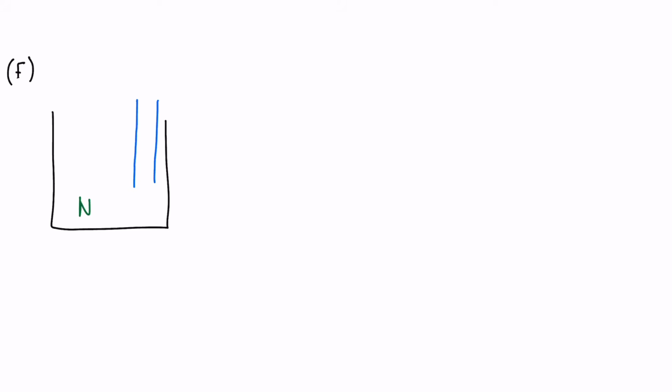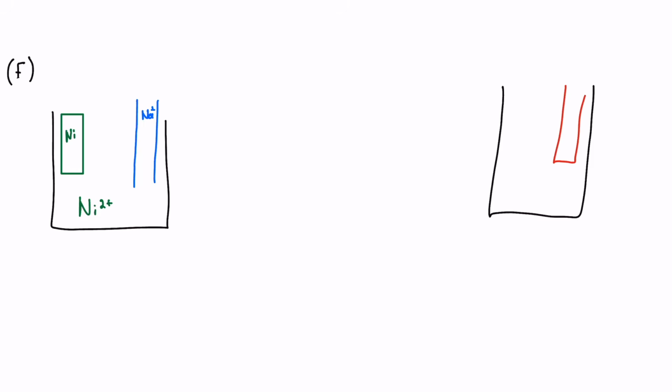So you have nickel 2 plus, and you have sodium plus in here, and we had our nickel solid there, and our other half cell compartment, of course, had the cadmium.